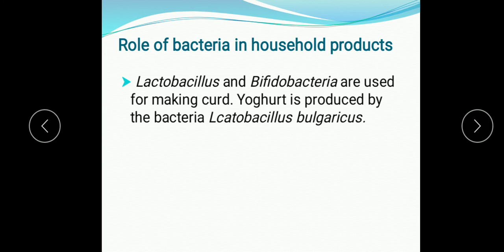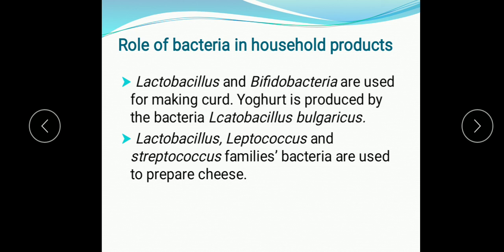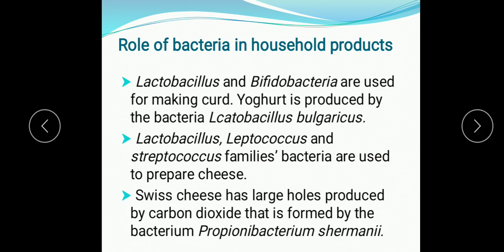For example, lactic acid bacteria, LAB, like Lactobacillus and Bifidobacteria, are used for making curd, and yogurt is produced by the bacterium Lactobacillus bulgaricus. Different varieties of cheese are also prepared. Lactobacillus, Lactococcus and Streptococcus family bacteria are used to prepare cheese.